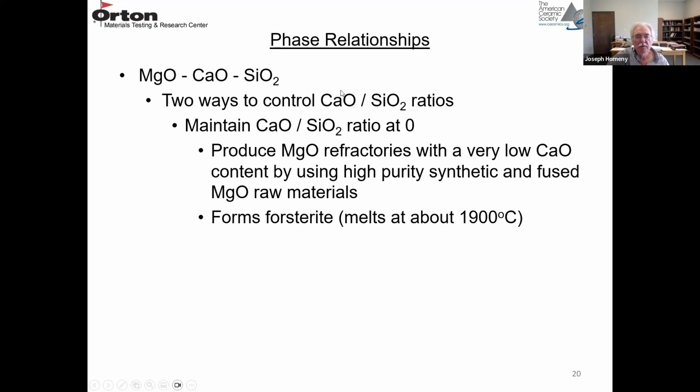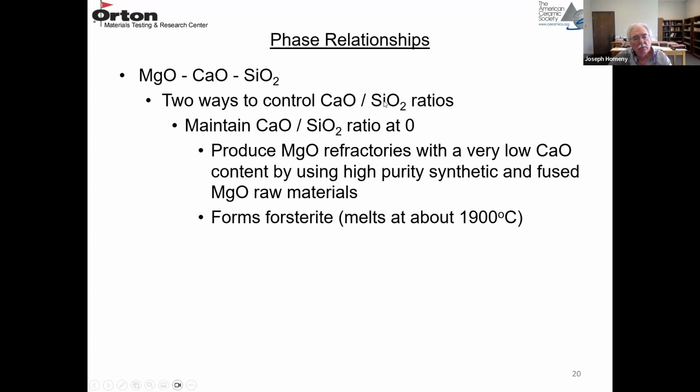So there are two different ways to control this lime to silica ratio. You can maintain the ratio at 0. To do that, you have to have a very high purity refractory material with basically no lime present. You might achieve that in some very high purity synthetic sintered materials or fused materials.